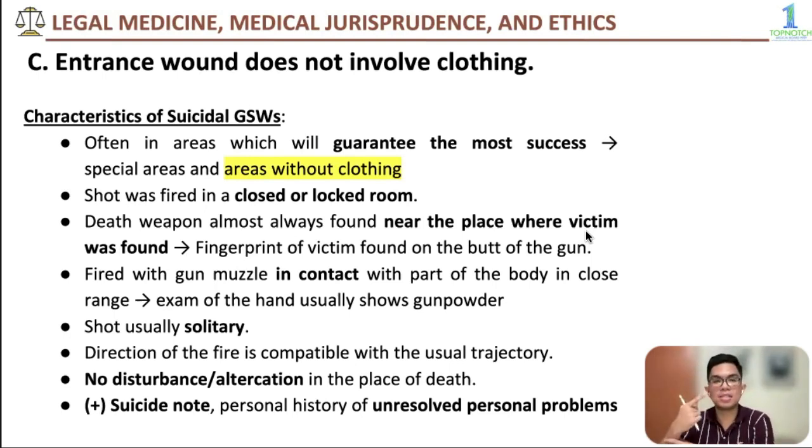The death weapon is usually located near the victim kasi after barilin, it will drop. Isa lang usually yung shot, and the direction of fire is compatible with the trajectory. Usually yung recoil kasi pataas, so if they shoot the gun, pataas usually yung trajectory, whereas kung homicidal, usually pababa. Okay?